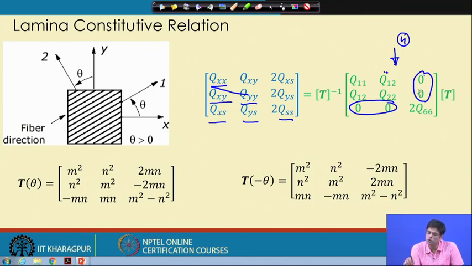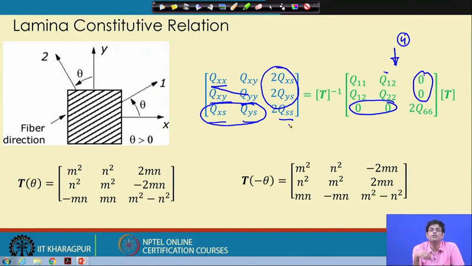In the 1 2 direction these coupling coefficients are 0, but in the case of a rotated direction they are not 0. This is important to note: even though this material is originally orthotropic in the 1 2 axis, in the x y axis these coupling coefficients arise.